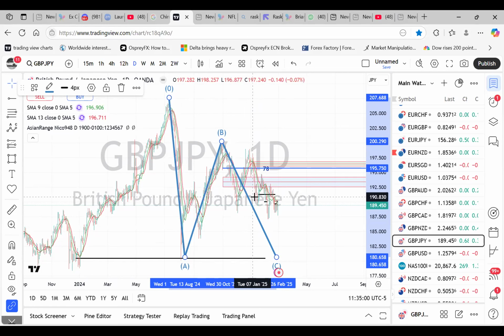I don't care that it's going sideways. I don't care. Right? It's still coming down here. It's either going to break this low or it's going to respect the low. But what you are going to do is you're going to respect the fact that the market has to come back here.